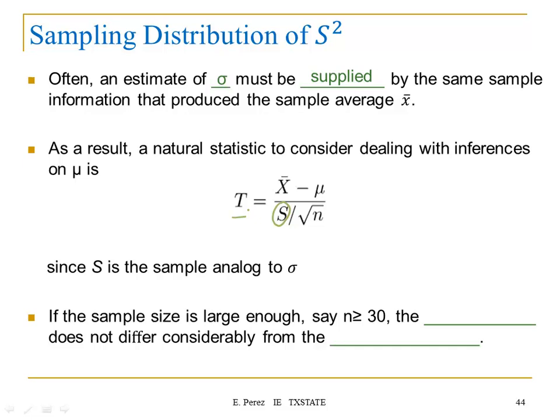If the sample size is large enough, say n greater than or equal to 30, the distribution of t does not differ from the standard normal. So if you have a large sample size and you plot the probability distribution for t, the shape is going to be very close to the shape of the standard normal.